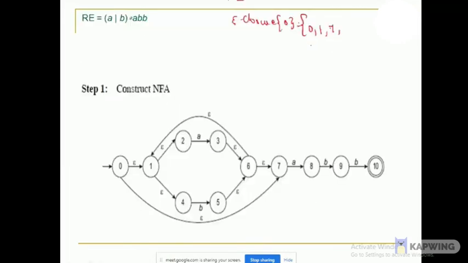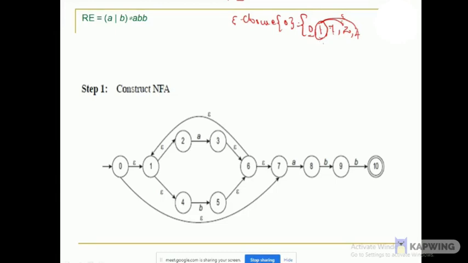No. After finding this, we cannot stop. Again, we have to check whether there is any transition from the remaining states on epsilon. From 1, we have a transition from 1 to 2 on epsilon. Similarly, there is a transition from 1 to 4 on epsilon. So these two have to be recorded.